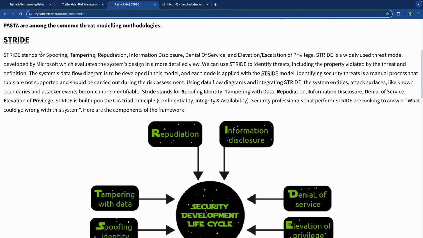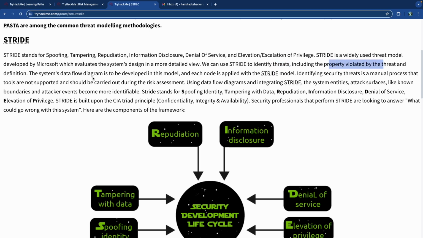STRIDE stands for spoofing, tampering, repudiation, information disclosure, denial of service, and elevation of privilege. It's a widely used threat model developed by Microsoft, which evaluates the system's design in a more detailed view. We can use this to identify threats, including the property violated by the threat and the definition of it.